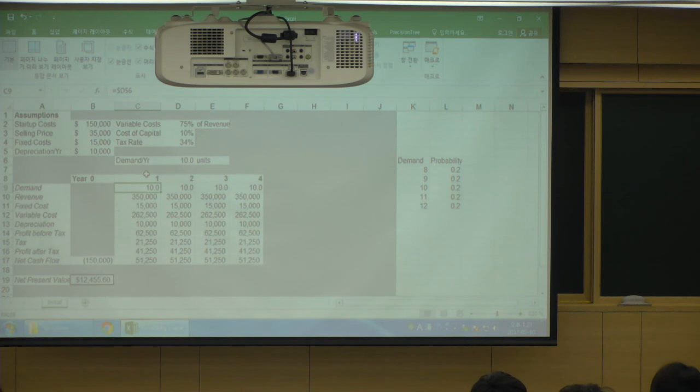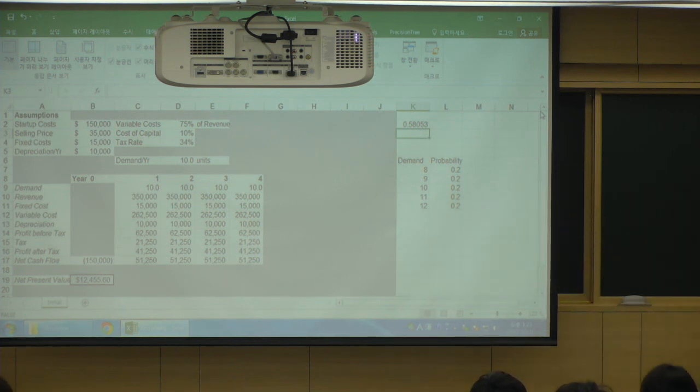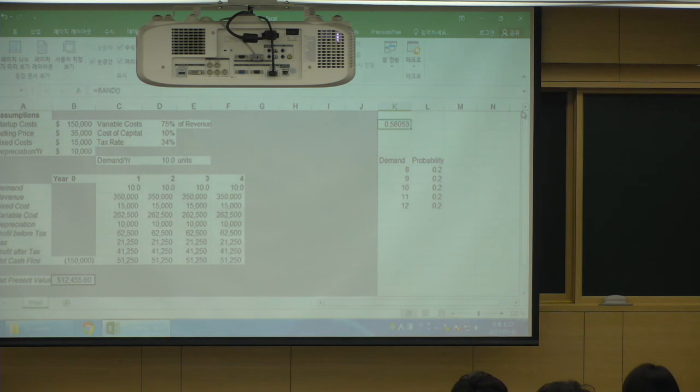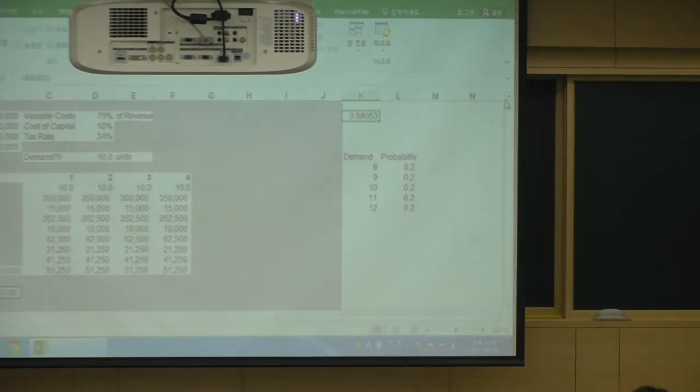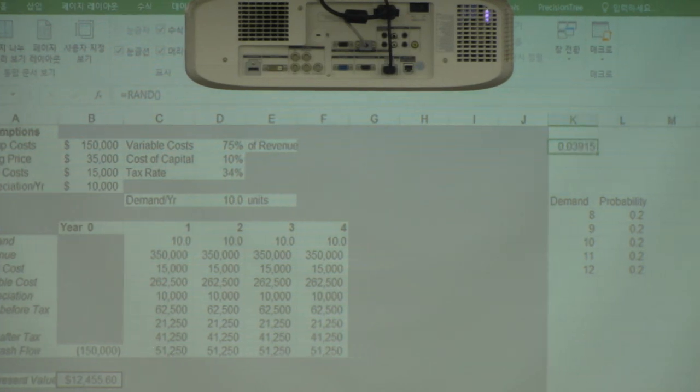I want to use some Excel function, and there is a function. I think that I already talked about this, RAND, right? In other words, that generates a random number between 0 and 1. Okay, so RAND empty parenthesis, and if you push F9, then the random number changes all the time.